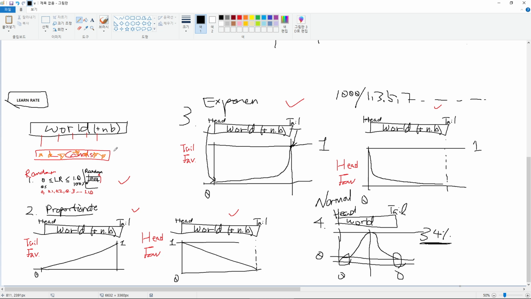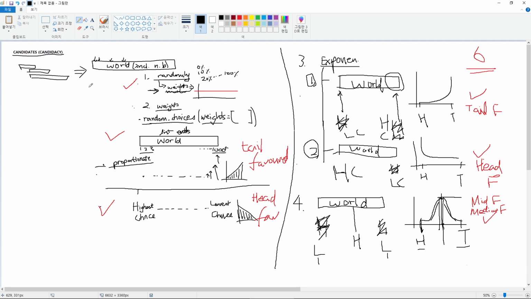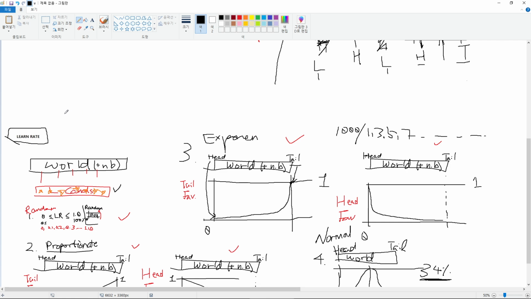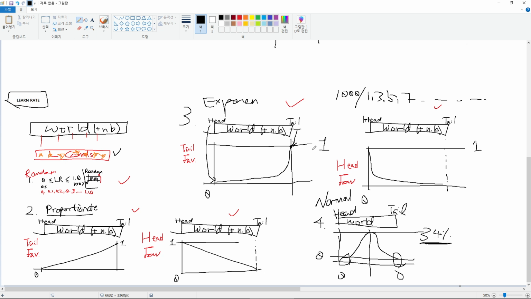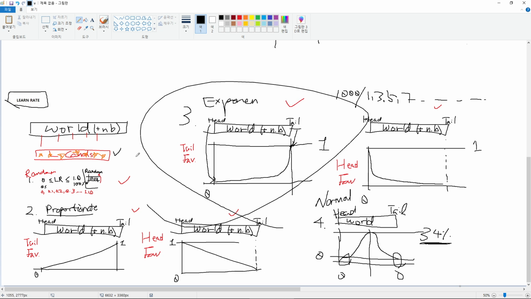So a good way of doing this would be choosing the candidates at random, because I would like to see the pure effects of doing all of this.